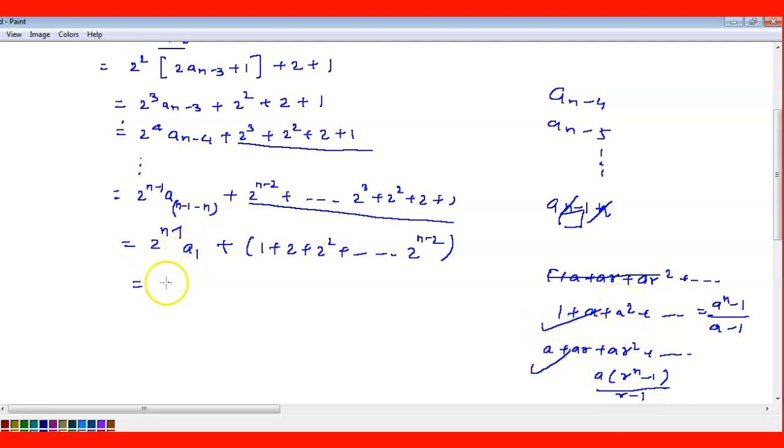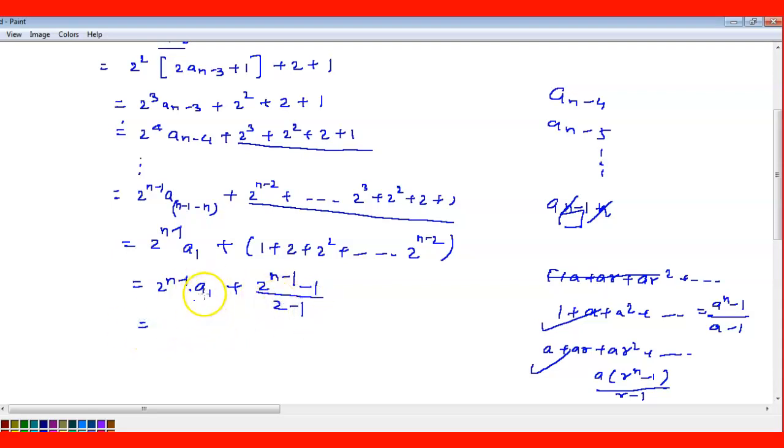So here 2 to the n minus 1 and a1 as it is, and here I can apply the formula for the GP. This is up to 2 to the power of n minus 1, so we can write 2 to the power of n minus 1 minus 1 upon 2 minus 1.